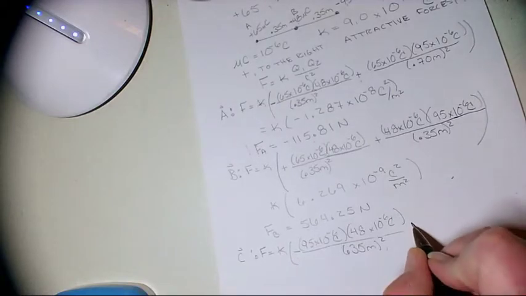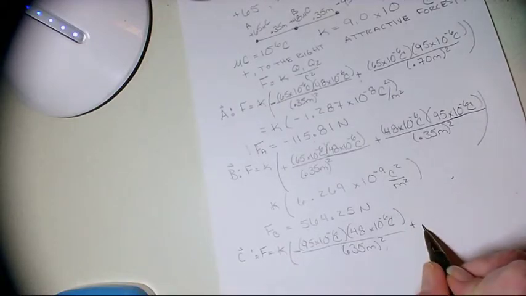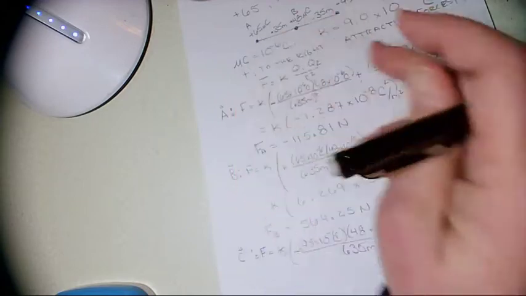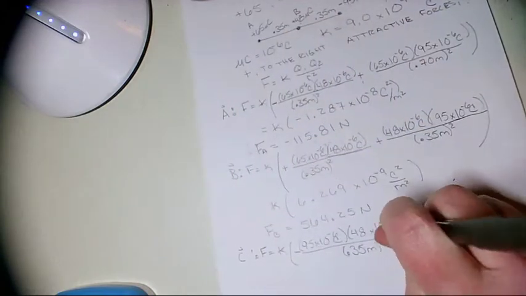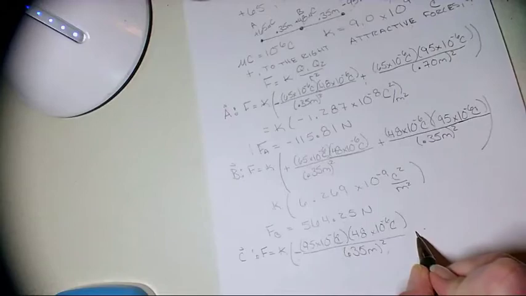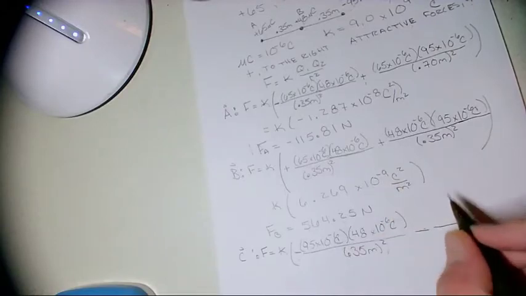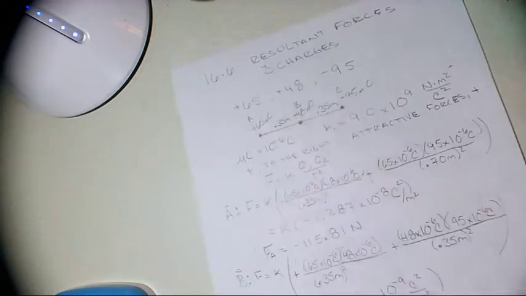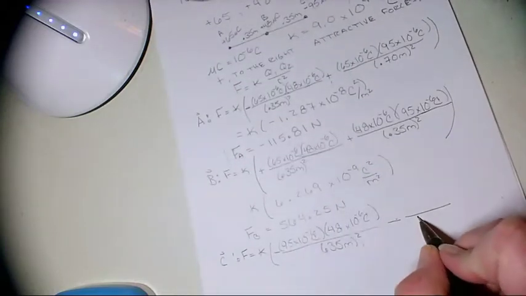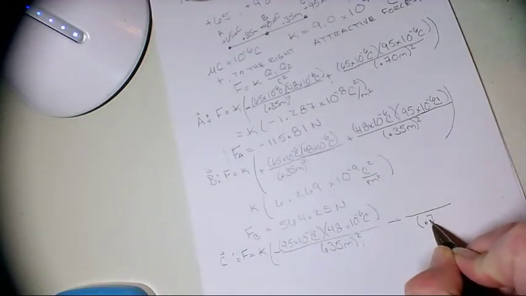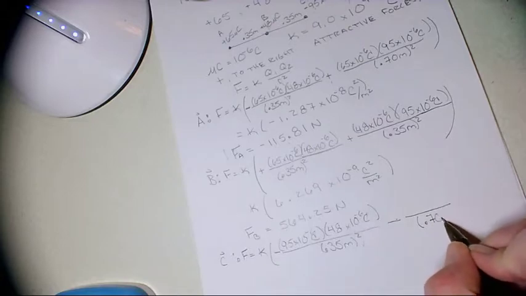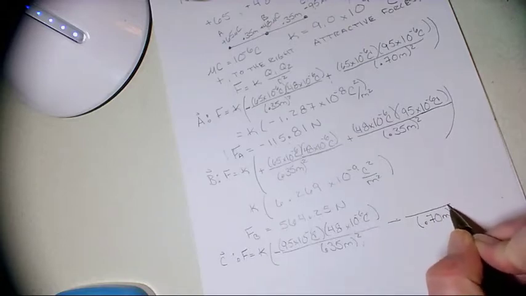So what happens to the next one? Actually, everything is to the left, so we'll start off with the negative sign. That's accounting for the direction change. And now we are at the full 0.7 meters away. So 0.70 meters squared.